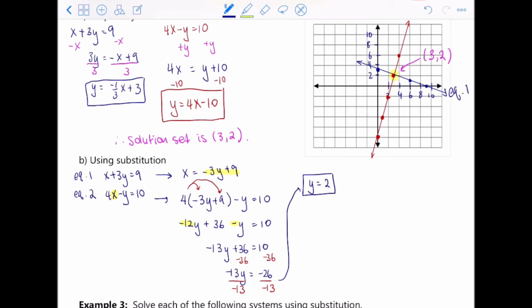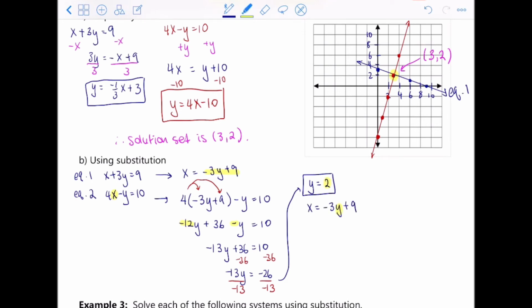Okay, so once we solved for one variable, we can actually just sub this value into one of the other equations. So this time we're looking for x, and because we have y, we're going to plug it back into the first equation we found. So sub into x equals negative 3y plus 9.